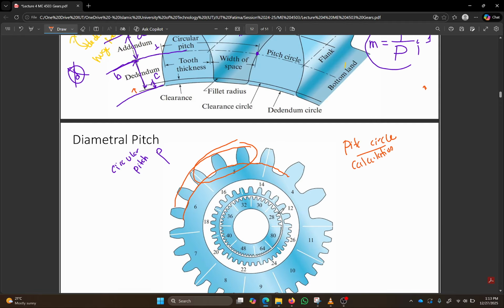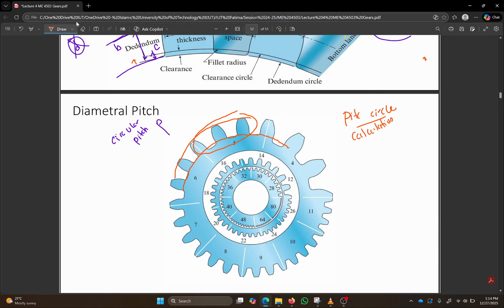There is a figure that shows this relationship. You can see when the diametral pitch is 6, look at the tooth size. And look at the stark difference when the diametral pitch value, P, is equal to 36. Do you see how small the teeth are? Now there are more teeth, but each tooth has a very small size.